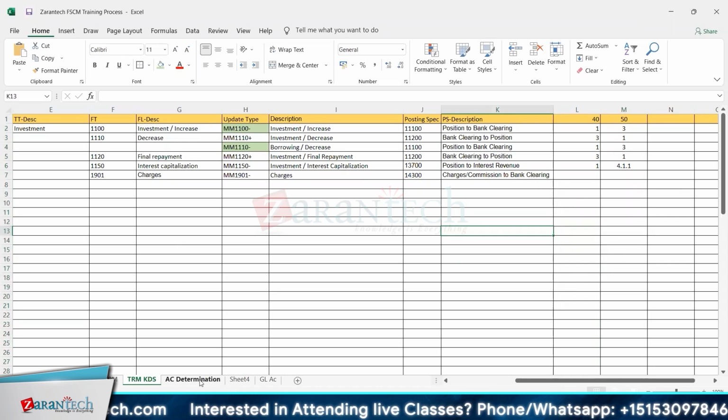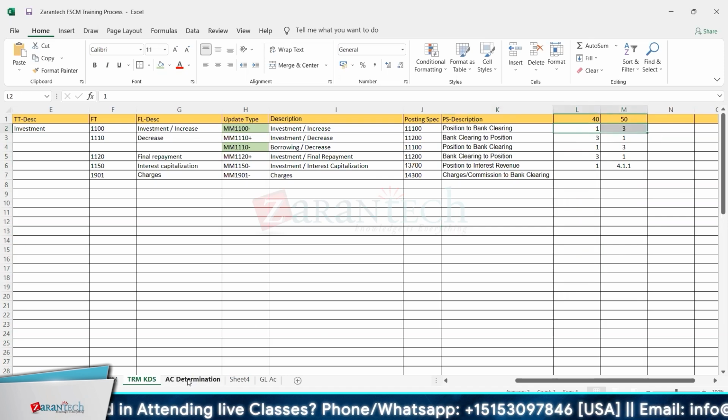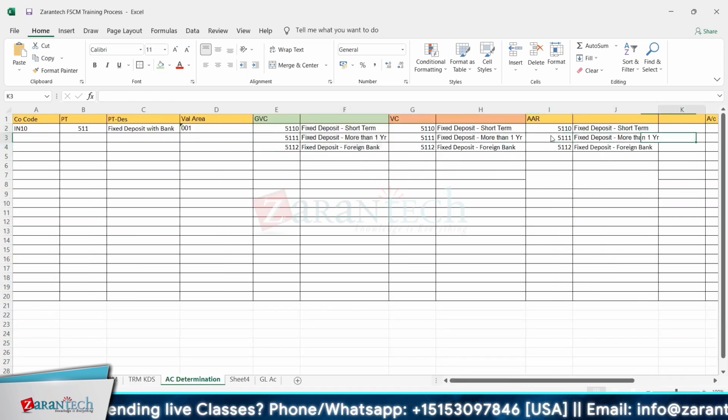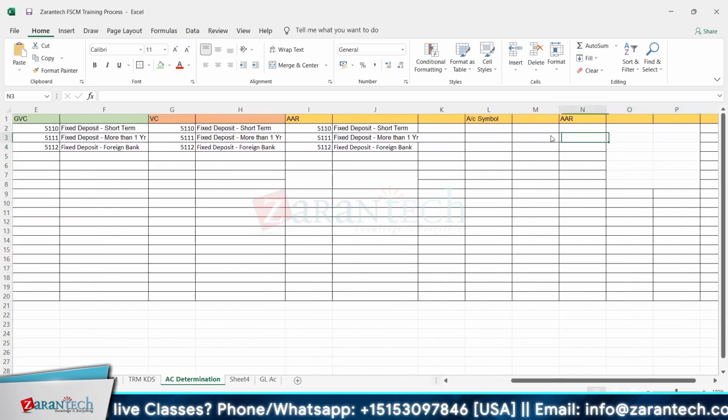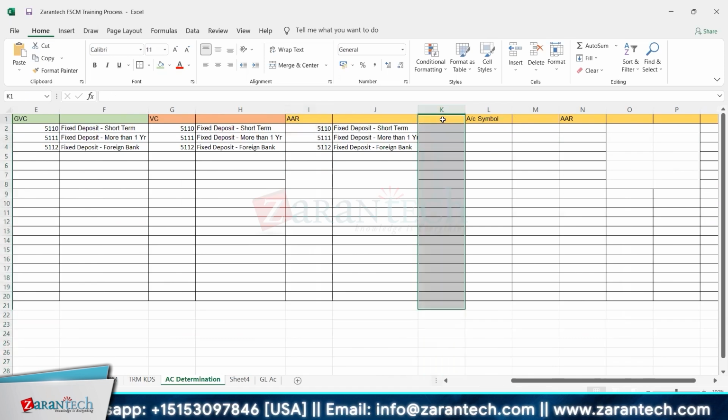Now coming to the account determination. Here I'm not updating the GL account. The reason is I will update the GL account here. Okay. So now you can see in this KDS, I have this AAR. Now here I will update the position.